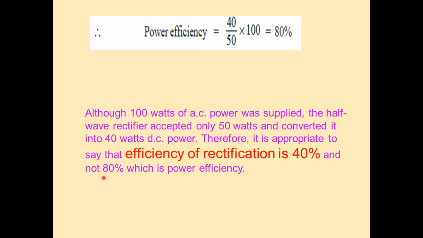The efficiency of half wave rectifier is 40%. It is different from power efficiency.